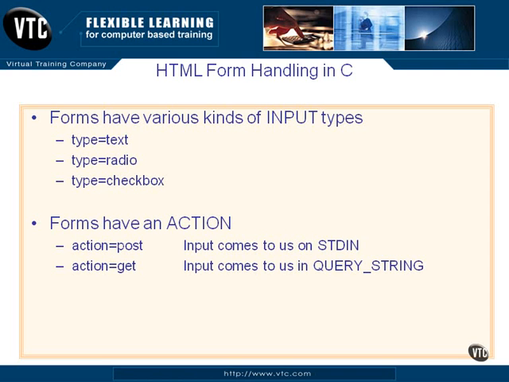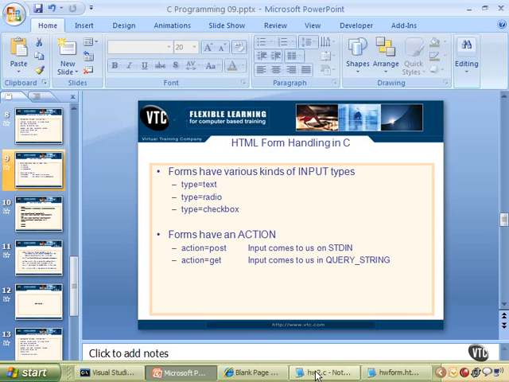So our form is going to use the get action to talk to us, and so the information will come in an environment variable named query string. So I'm going to show you in the program how to get the contents of an environment variable and then work with it. So let's drop out of here and let's go over and take a look at our program.